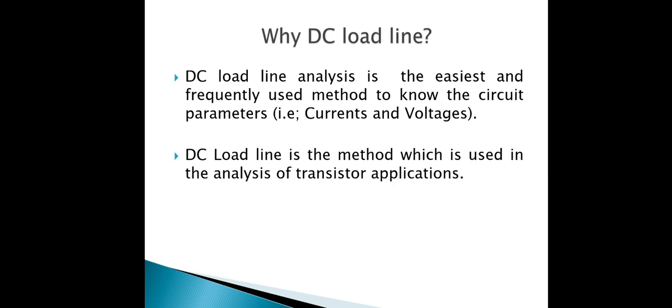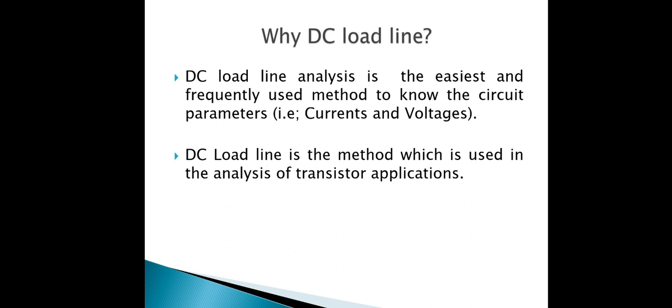Why is it called a DC load line? Why not AC load line? It is called a DC load line because it is a line drawn on the output characteristics graph when the DC parameters are prevailing, or when no signal is applied.